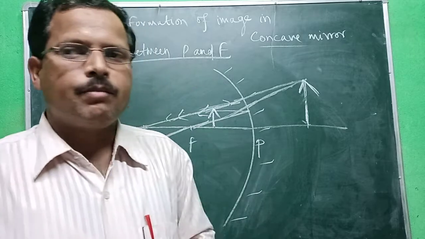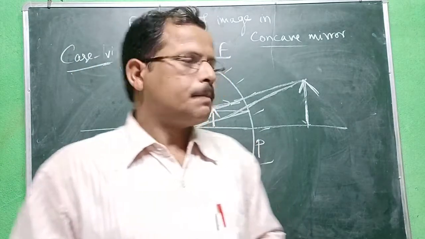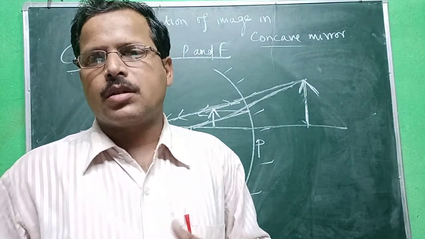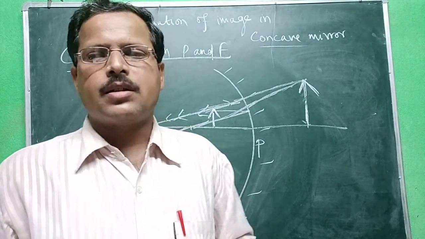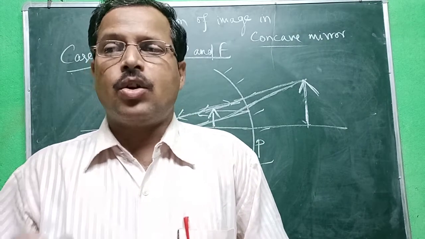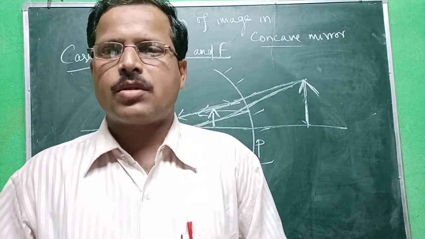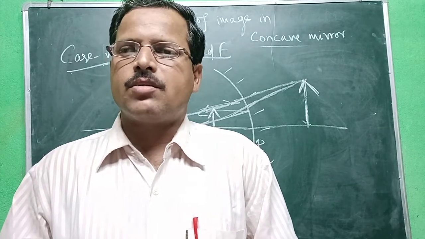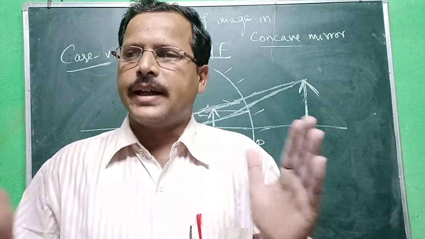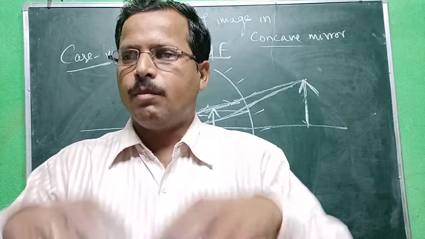One thing to be noted: the use of spherical mirrors, concave and convex, we will discuss in the next session. You know, in the torch, a concave mirror is used. In cars and vehicles, we use a convex mirror. Why? Because a convex mirror gathers more space, more figures.